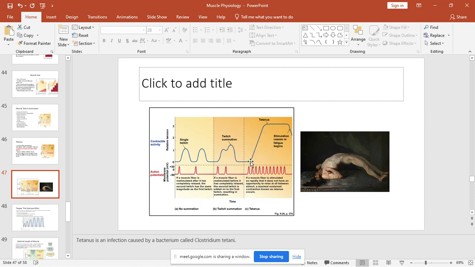And you can see how high this blue plot is going with reference to the timing of the action potential arriving at the muscle. So, in short, the muscle tension in twitch summation is more than that of single twitch. The muscle tension in tetanus is more than in either of these two.